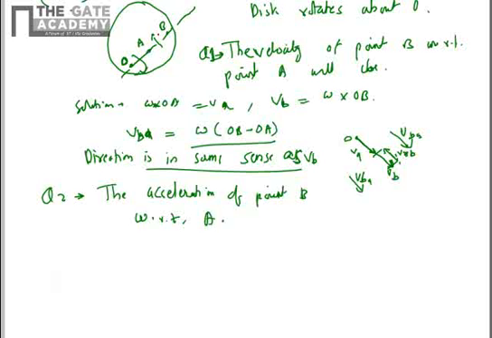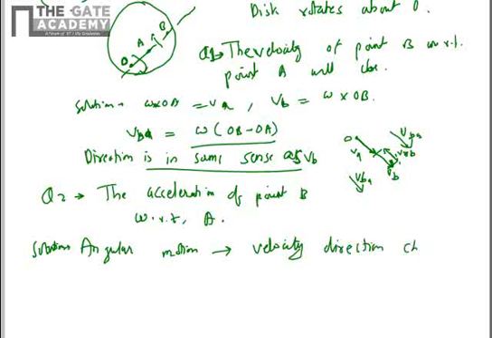In this case they are not accelerating in the radial direction, but since the velocity direction is changing, since the motion is angular, they will be subjected to centripetal acceleration. Now the centripetal acceleration is given as omega square r.